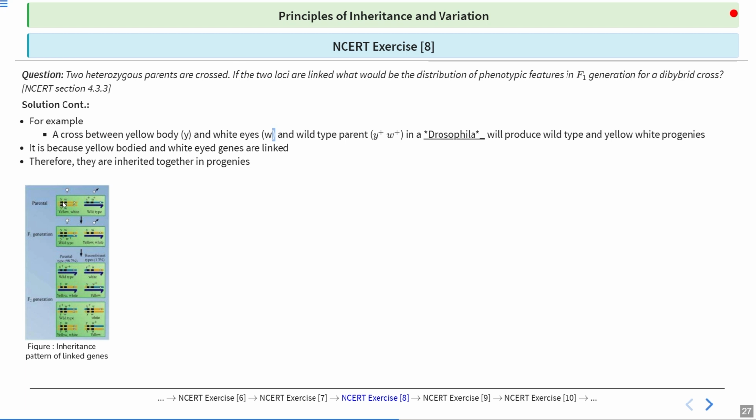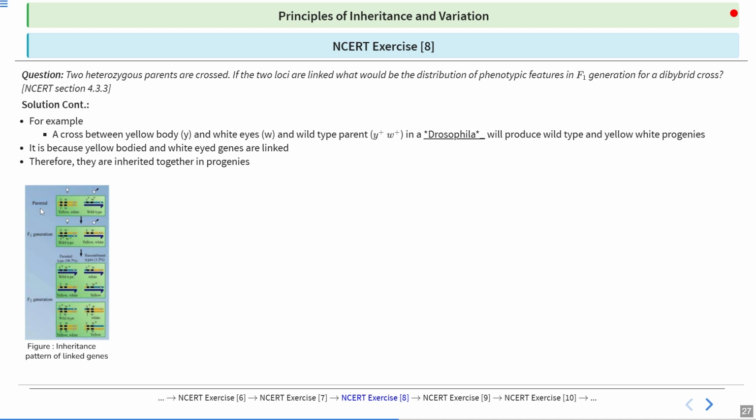Now you can see the distance between y and w is very less. By observing this, you can tell that the genes are linked. So the yellow-body and white-eye genes are linked together.